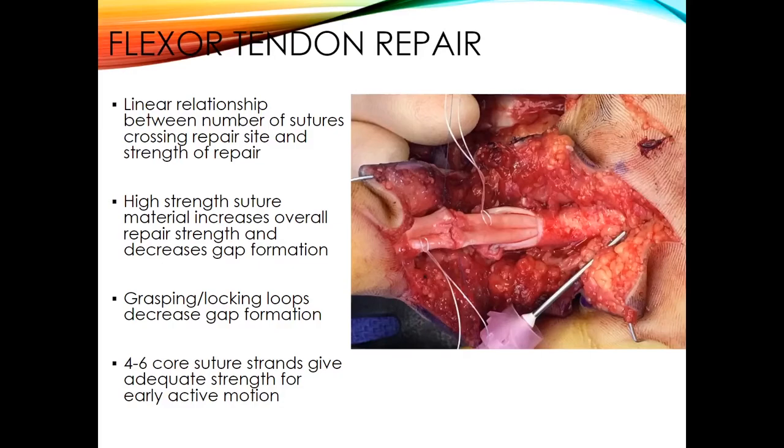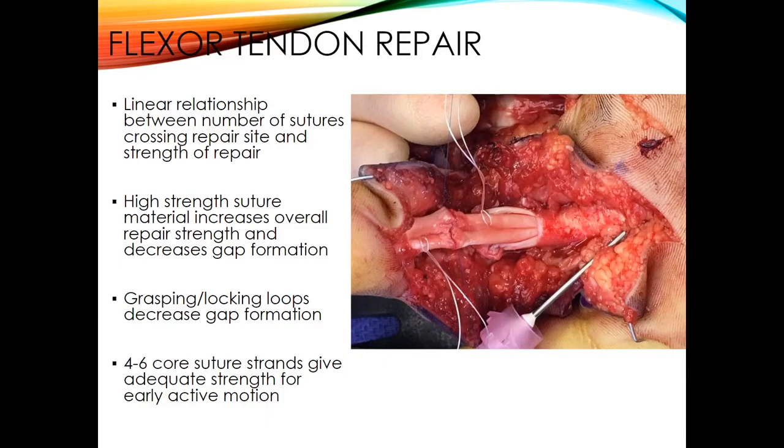There's a linear relationship that's been established between the number of core sutures crossing the repair site and the strength of that repair. And what all the literature says is you really need a minimum of 4 core sutures crossing your repair site to have enough strength for an early active motion.